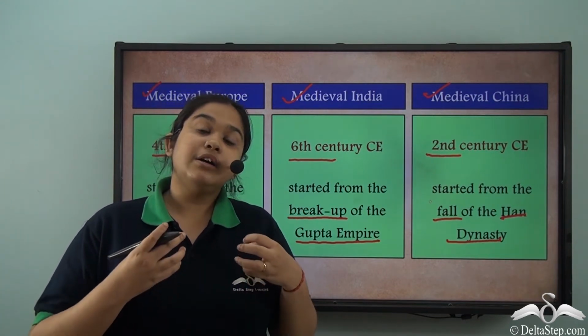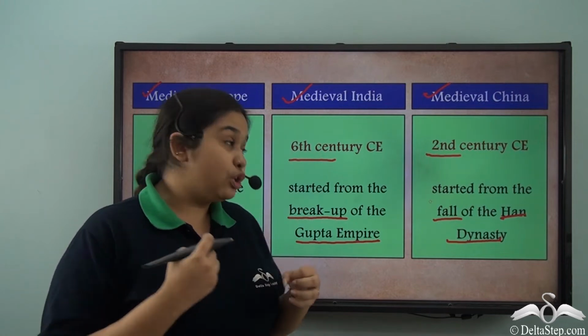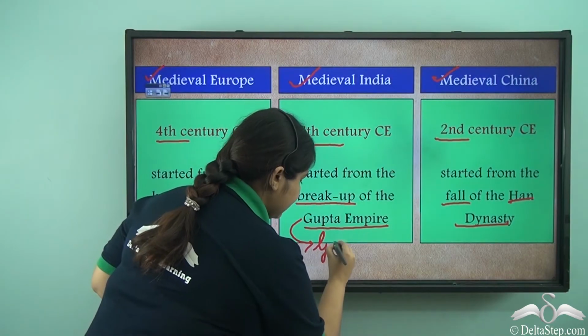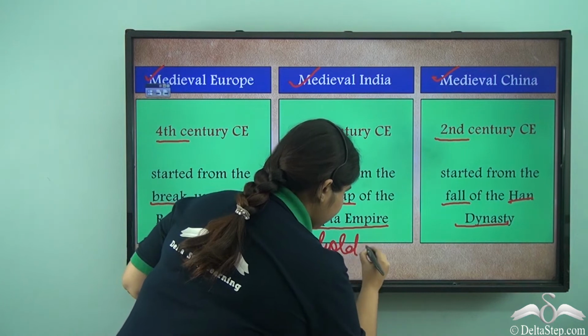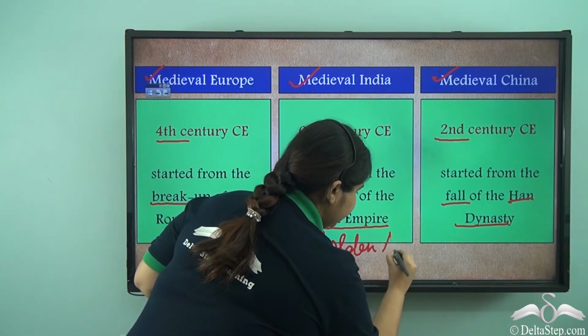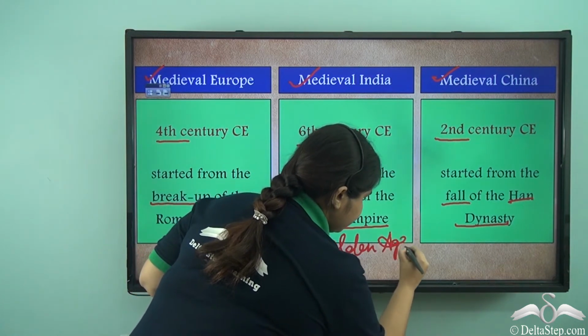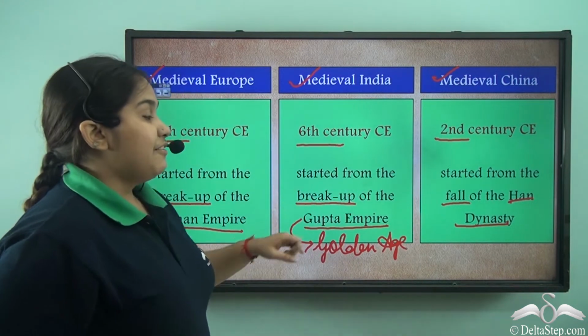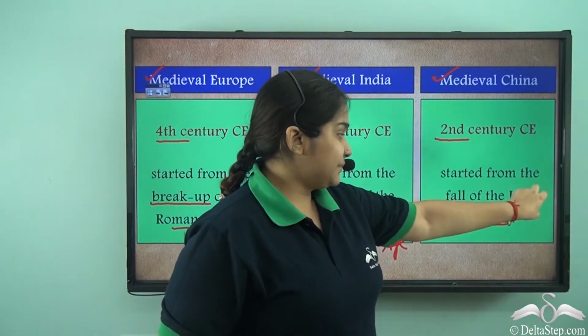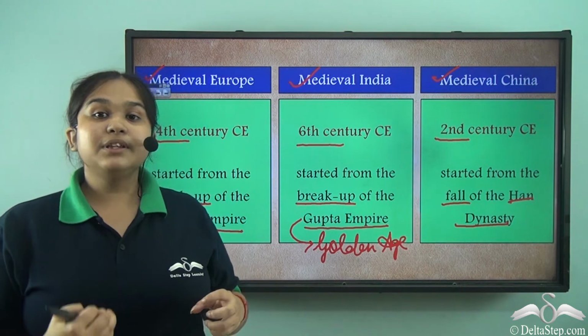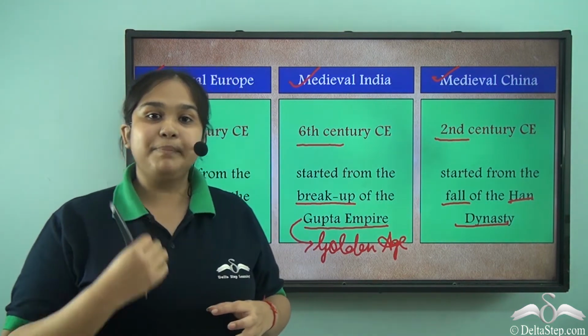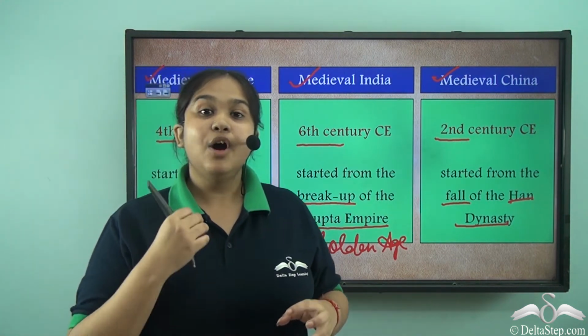So, the Gupta Empire is also known as the Golden Age, right? Whereas if we look at the Han dynasty, they were the ones who invented paper, sundials, and water clock.